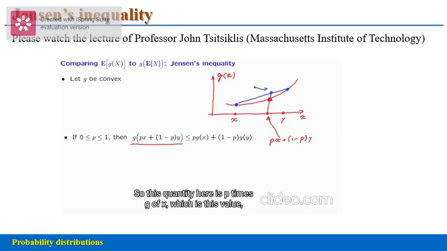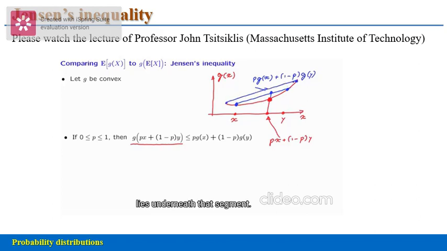So this quantity here is p times g of x, which is this value, plus (1 minus p) g of y. Convexity means that this value is below that value. Or in other words, whenever I take 2 points on this curve and join them by a segment, then the function lies underneath that segment.